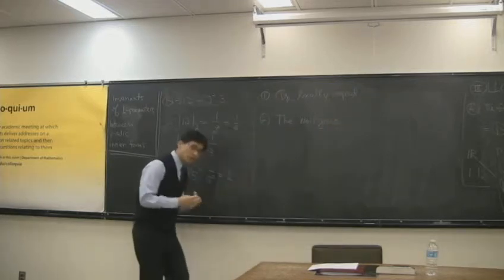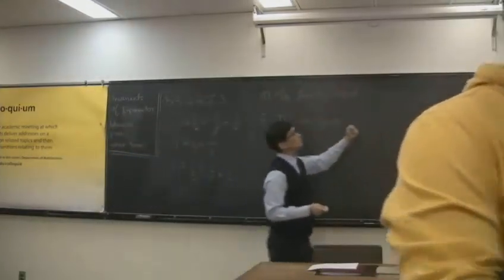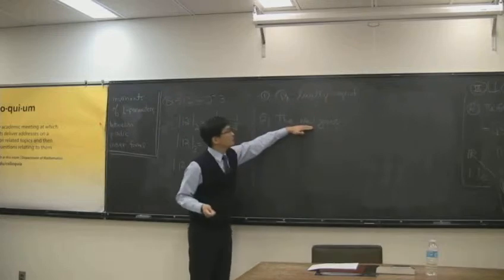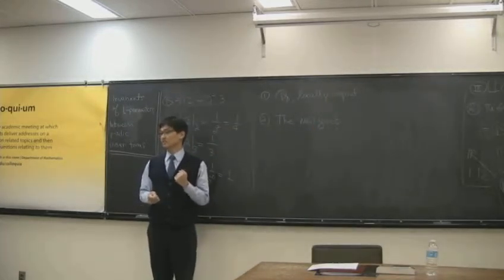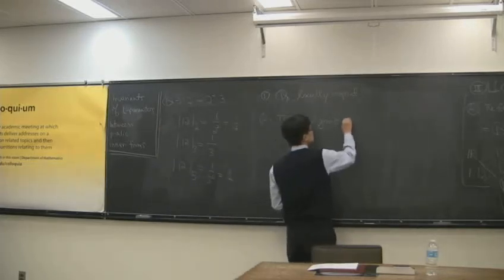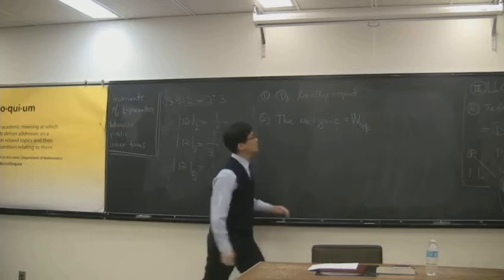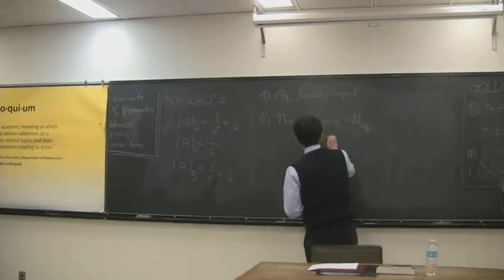This is a newly generated topological group, which is induced from this Q_p, and the name Weil comes from the French mathematician André Weil. I want you to know that this is W_{Q_p}, and it is a locally compact topological group.